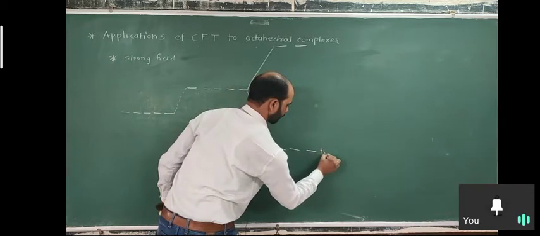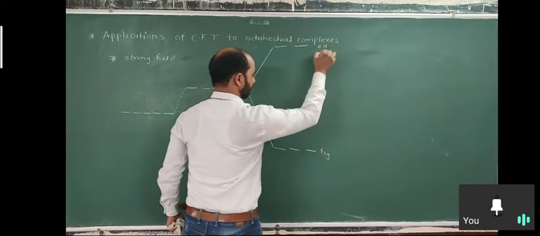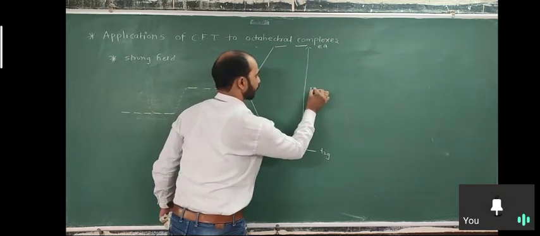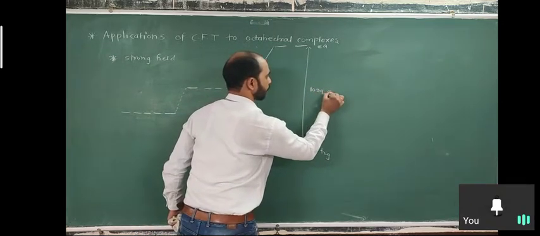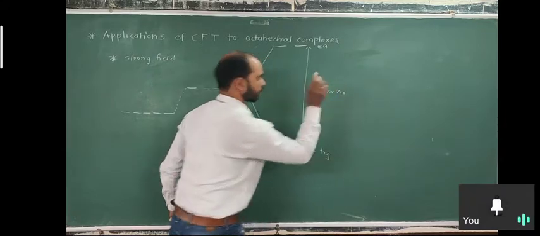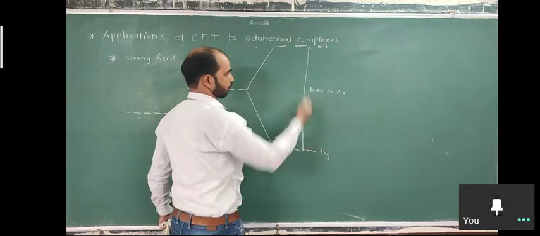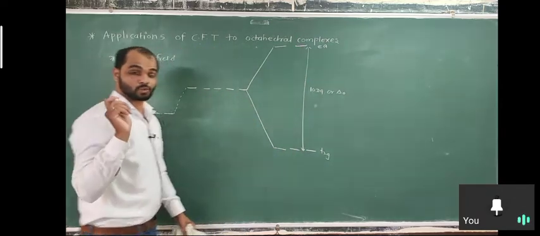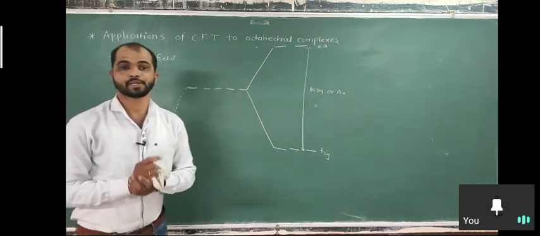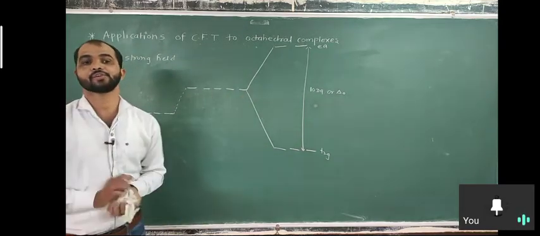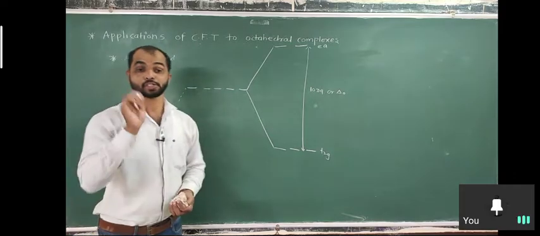Here is the t2g, here is the eg. This value is the 10 Dq value, or delta naught. That means there is a large difference between the two energy states, which indicates strong field splitting. The ligand which causes a higher 10 Dq value is called a strong field ligand.